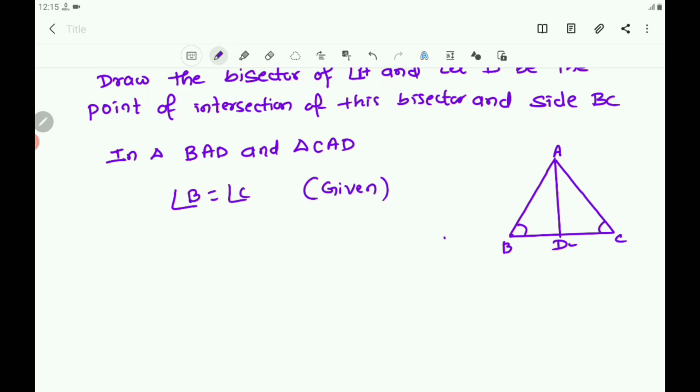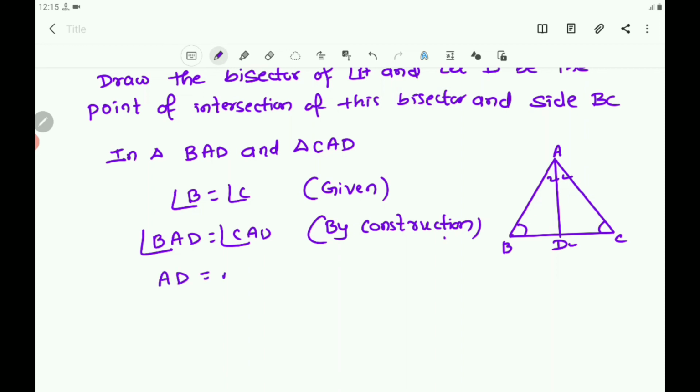And also we constructed that the bisector bisects the angle BAC into two equal angles, angle BAD and angle CAD. You write angle BAD equals angle CAD, that is by construction. Then AD equals AD, that is the common side.